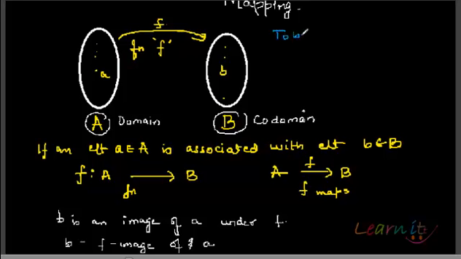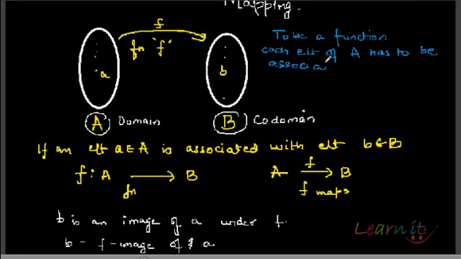Okay. So to be a valid function, remember always, each element of the domain A should have an image. So each element of A should be associated with some element of B. That's very important.